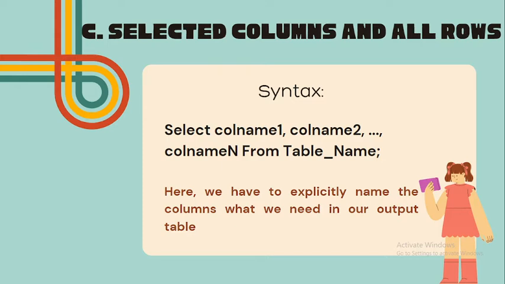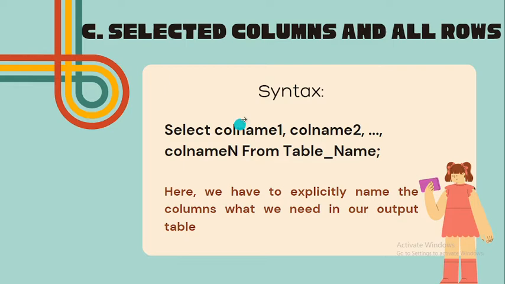If we have a case where we are not required to have all the columns from the input table in the output table, in that particular case, it is mandatory that we name the columns explicitly.